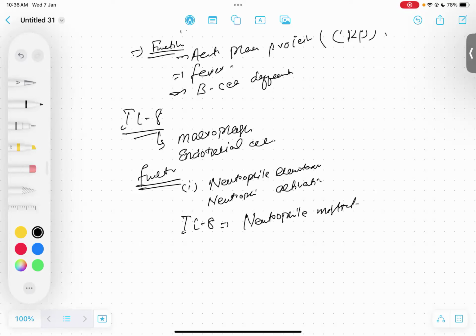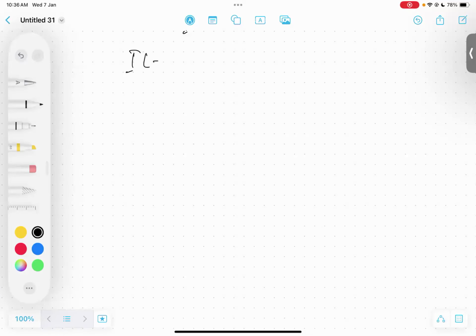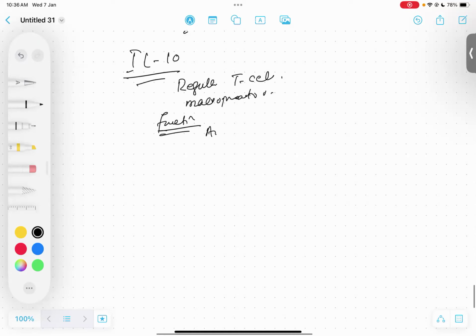Okay, doctor? Okay. So the other one is interleukin 10, and interleukin 10 is usually released from regulatory T cells and macrophages. Its function is to stop the inflammation, and it acts as an anti-inflammatory.